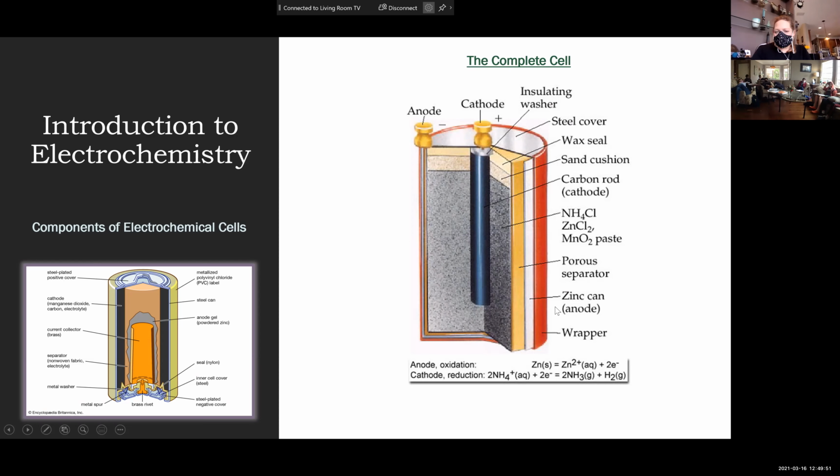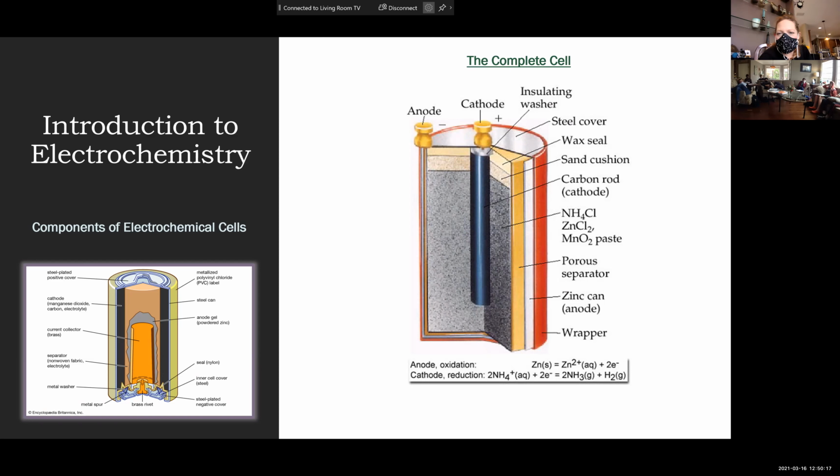Is the wax seal non-conductive? It should be, yeah. Then the wax seal goes on, and the insulating washer looks to go on top of the carbon rod. The carbon rod connects completely to that cathode. Is the metal conductive, not insulated?